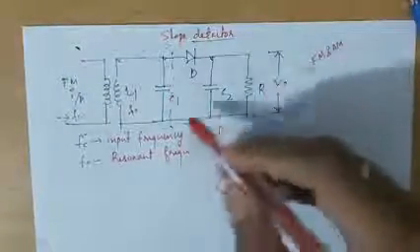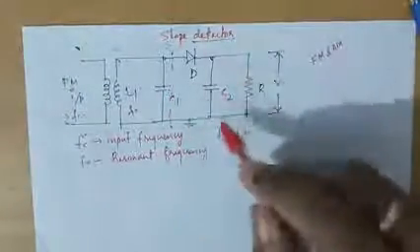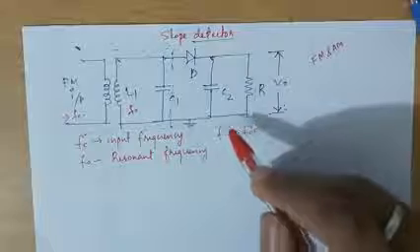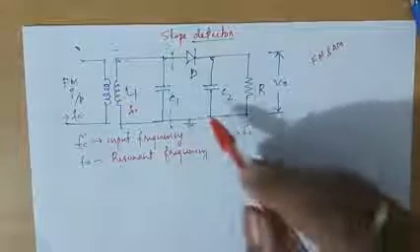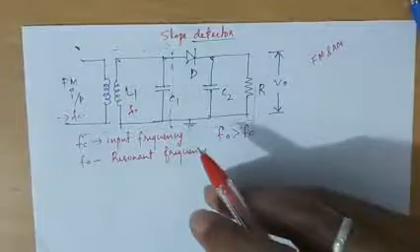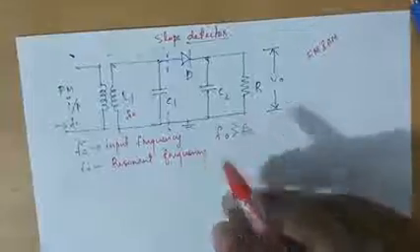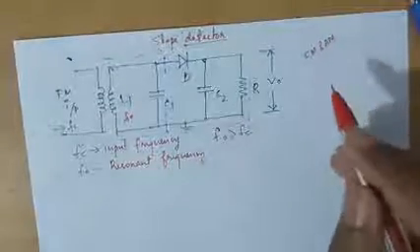We have already studied this circuit in the AM demodulation process. By using this circuit, we will get back our message signal from this AM FM mixture.